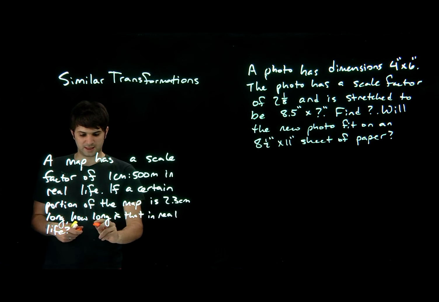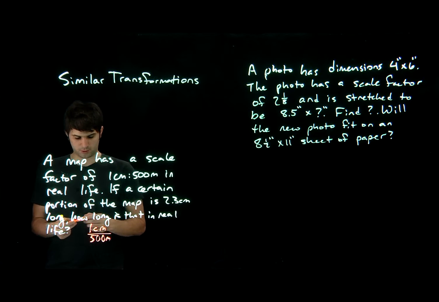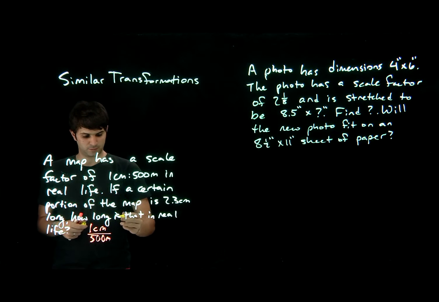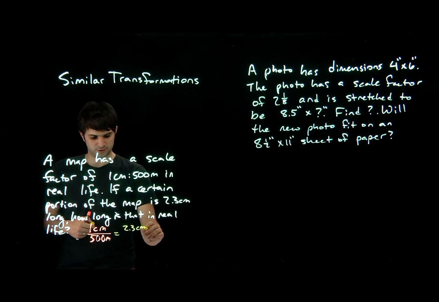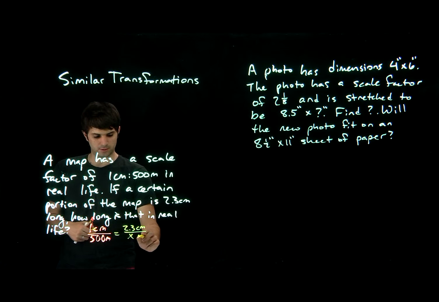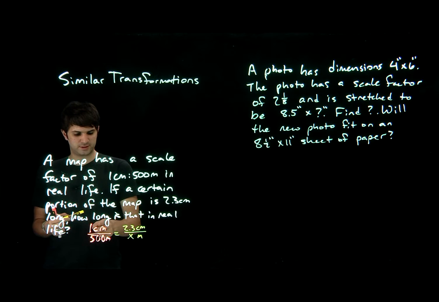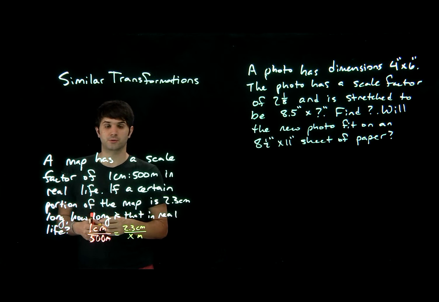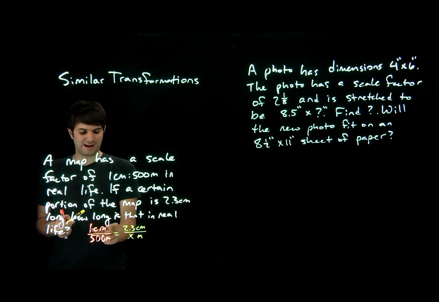Okay, so we know that 1 centimeter divided by 500 meters should be equal, because it's a scale factor, it's being blown up, to 2.3 centimeters divided by x meters. So from 1 to 2.3, we know that it's been multiplied by 2.3. So to get x, we have to multiply 500 times 2.3.